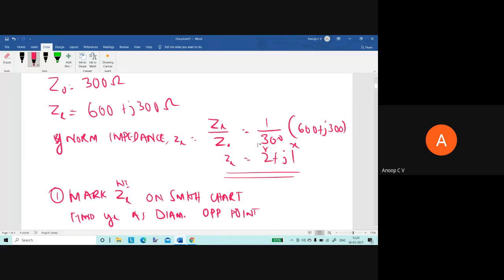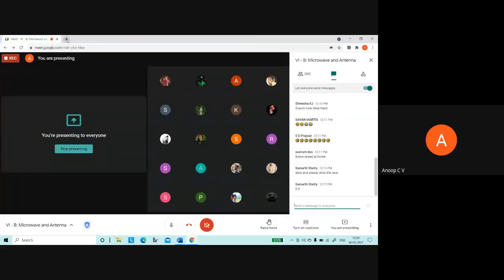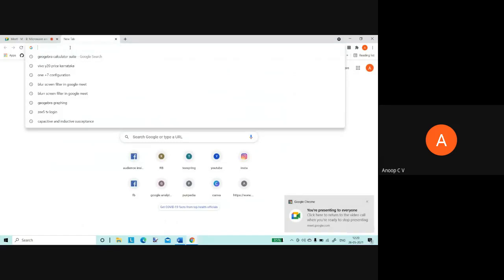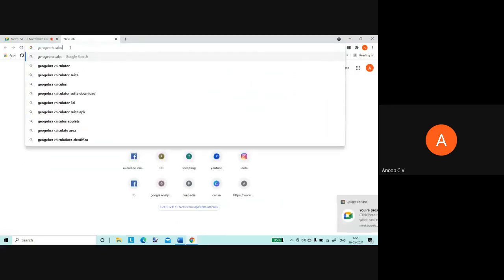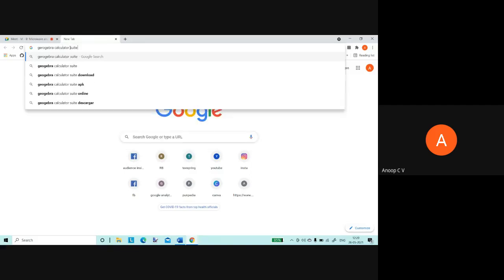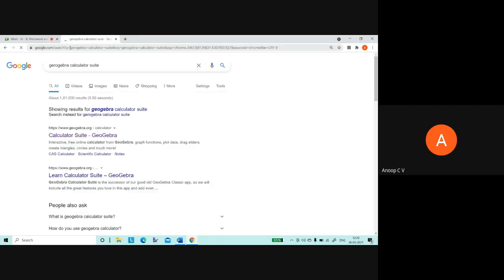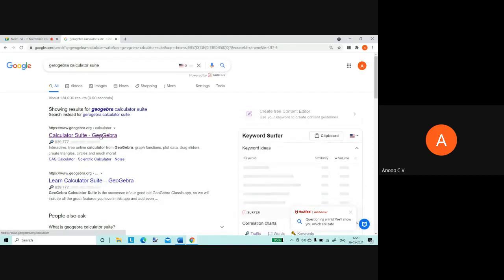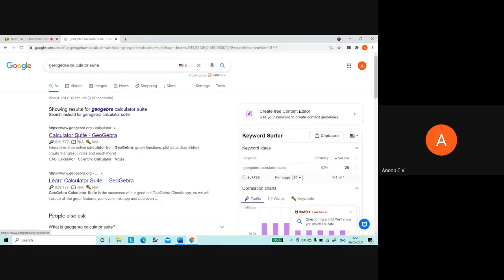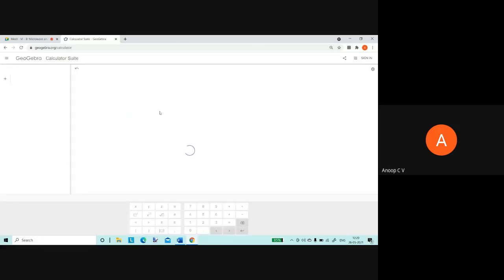Actually, I'll just take the Smith chart. Again, GeoGebra calculator suite. I'll take this. One second, give me some time. Okay, the calculator suite is loaded.